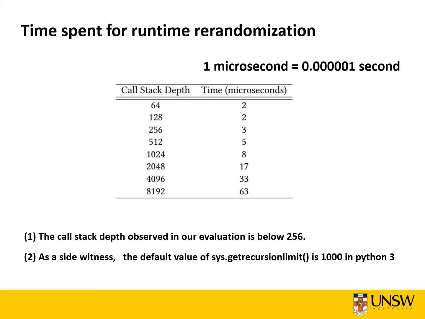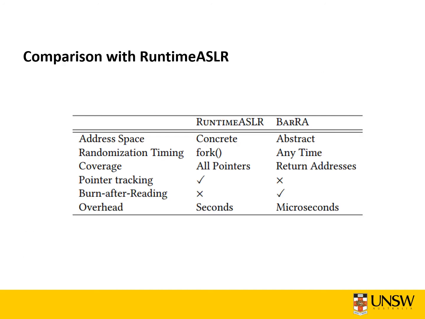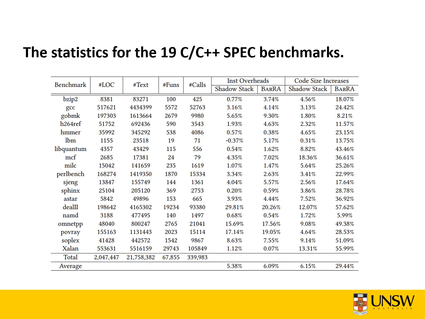In general, the time taken by our rerandomization is linearly proportional to the depth of the core stack. And this is the comparison between BALA and the runtime ASLR. In this slide, we give the statistics for the 19 C or C++ SPEC benchmarks. More details can be seen in our paper.